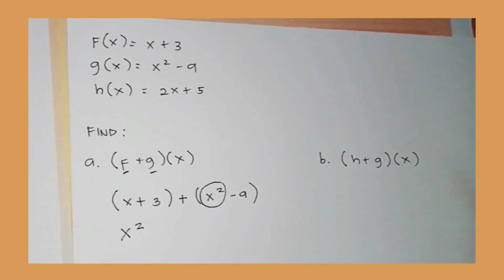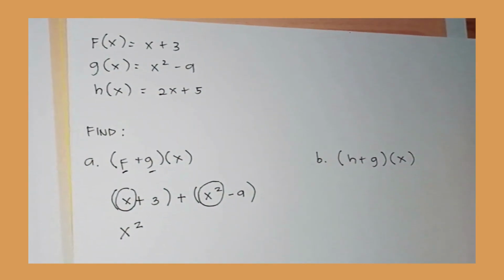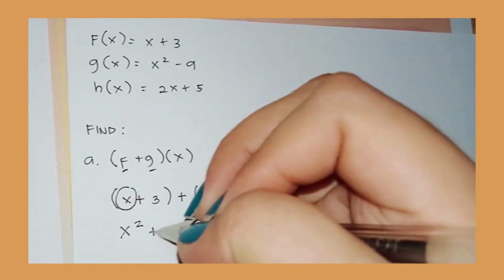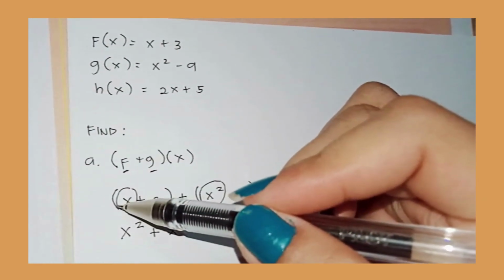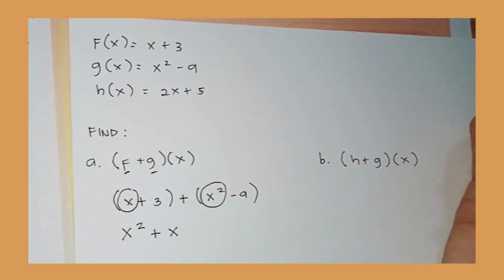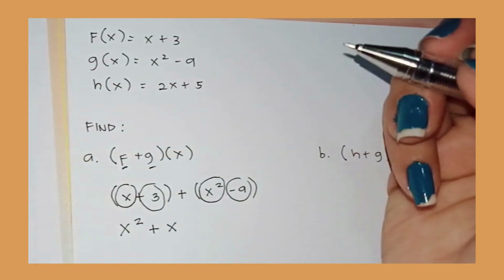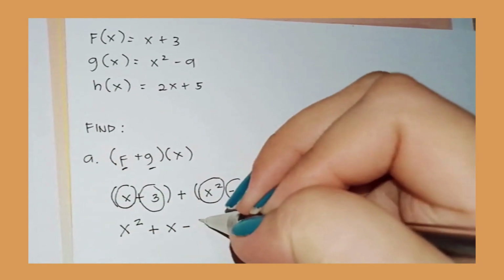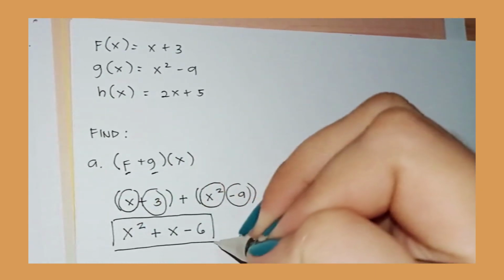Next, kasunod ni x squared ay x. Meron pa bang x maliban dito? Wala na. So, positive x. Kaya siya positive kasi dahil walang number or walang sign, automatically that is positive. Next, 3 minus 9, the answer is negative 6. So, this will be our final answer.